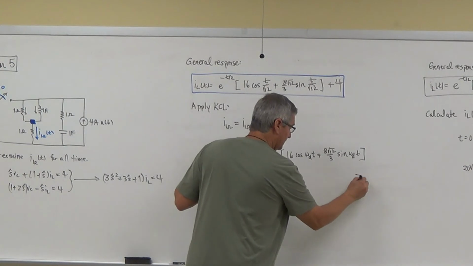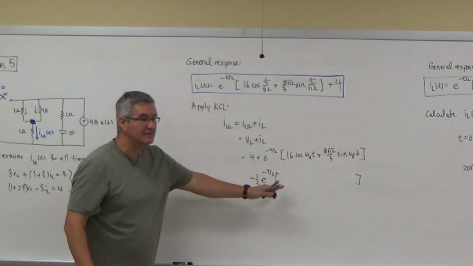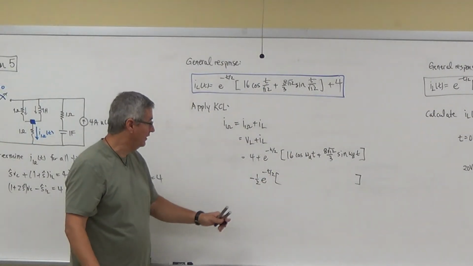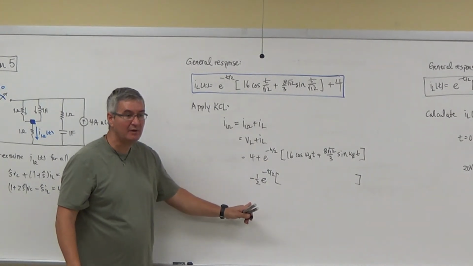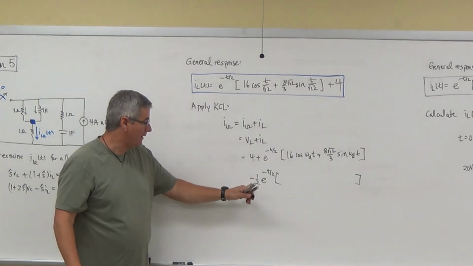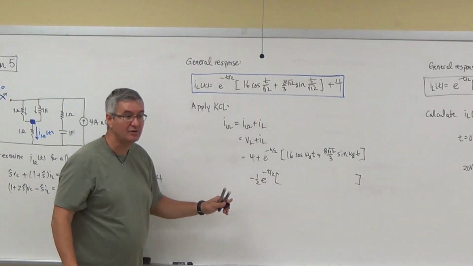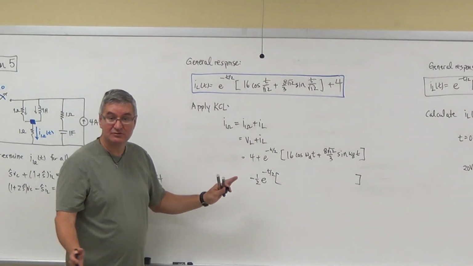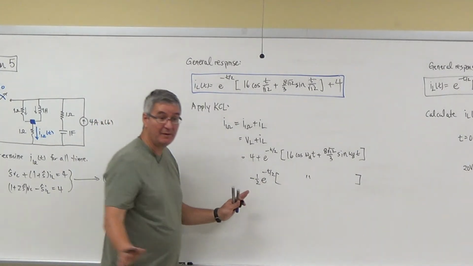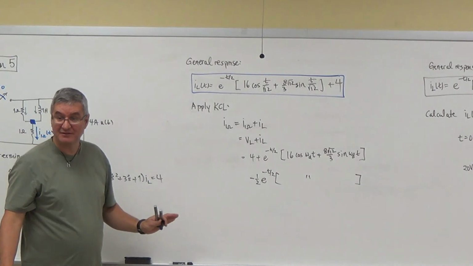Actually, look at that. These two terms add. That's 1, that's minus 1/2. So I get 4 minus 1/2 for that. No, plus 1/2. Right? So I don't care about that term, because we can add them.